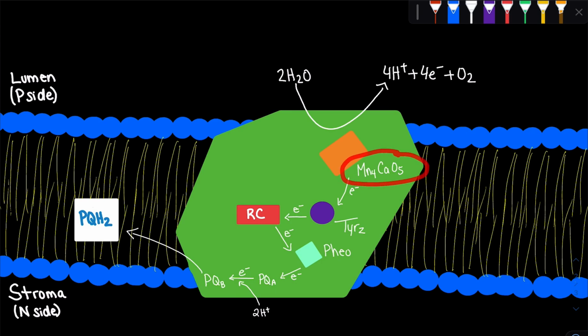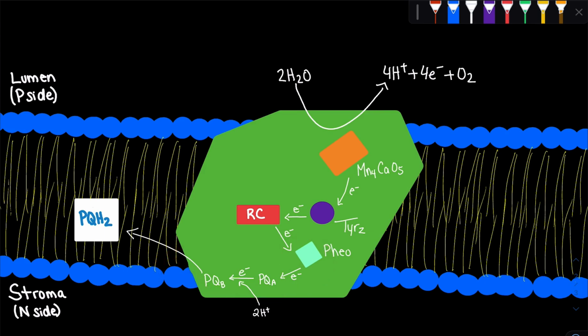Here we see that 2H2O, when they get broken down into their components, gives 4H+, 4 electrons, and 1 oxygen. Those 4 electrons are capable of being transferred to the oxygen evolving complex and then onto this tyrosine. And this tyrosine is going to transfer electrons onto the reaction center, because the reaction center lost the electron through this process.